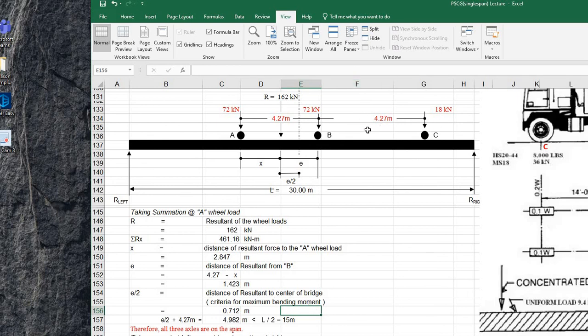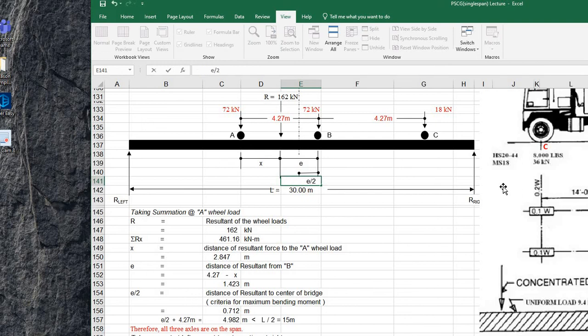Next, let us check if all wheels are inside the bridge. That is the criterion for maximum bending moment: all wheels must be inside the bridge. To check that, we add this distance, which is basically the same as E over 2.